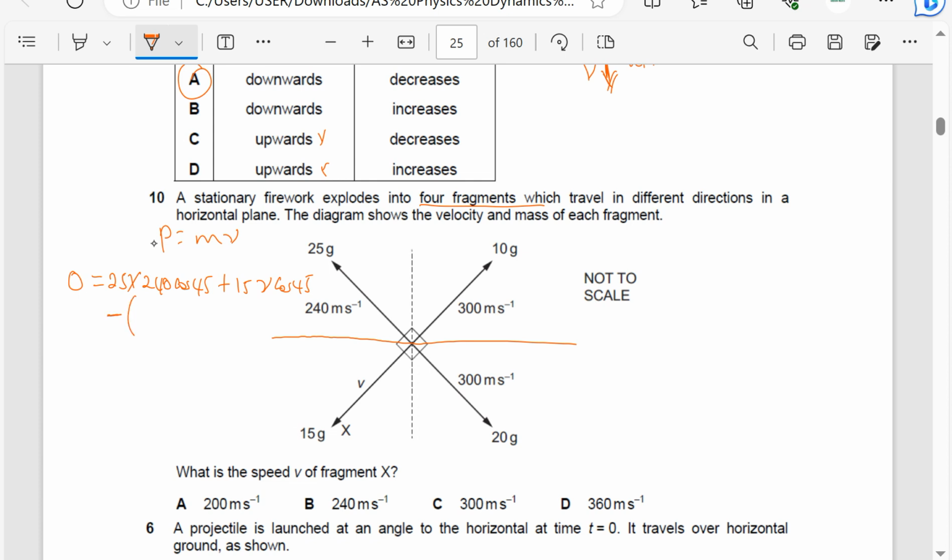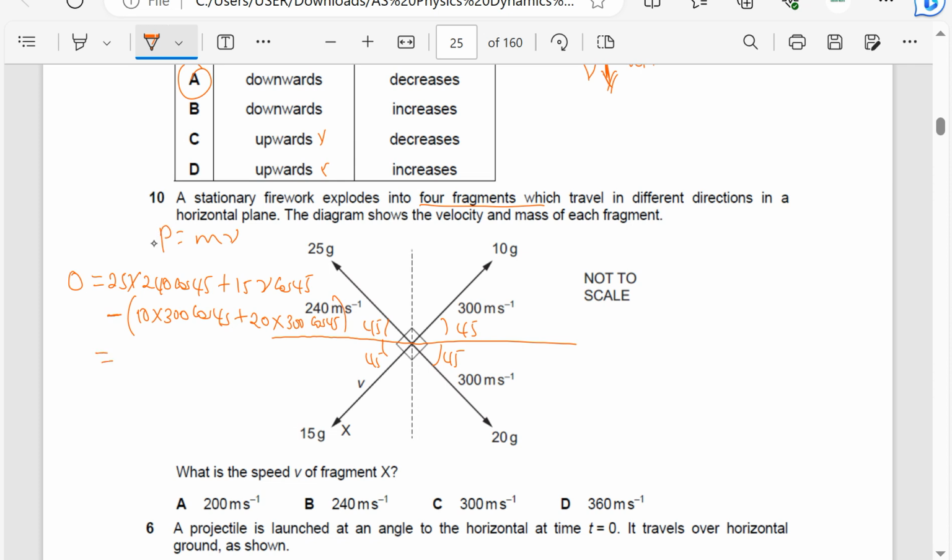To the right, I have 10 times the velocity 300 cos 45. This angle is 45, 45, 45, 45. So cos 45 plus 20 times 300, again cos 45. So this is the difference.